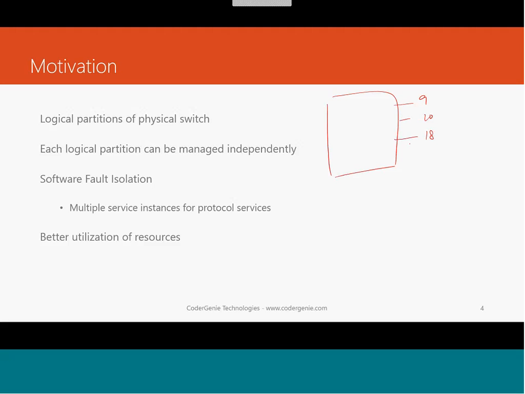But think about it: you have an 18-slot chassis in your data center, and out of those multiple slots, you are not completely utilizing 2 slots, or maybe 4 or 5 of them. At the same time, you need to set up another device for performing certain tasks, and you buy another Nexus 7000, say a 7009 switch, right? That actually increases your cost of data center management and production environments, right?